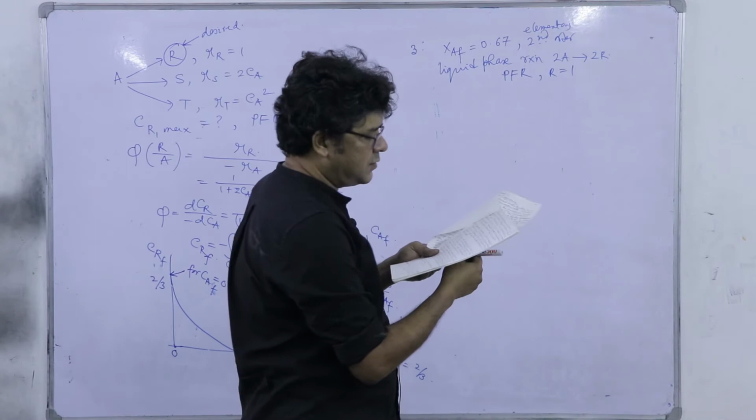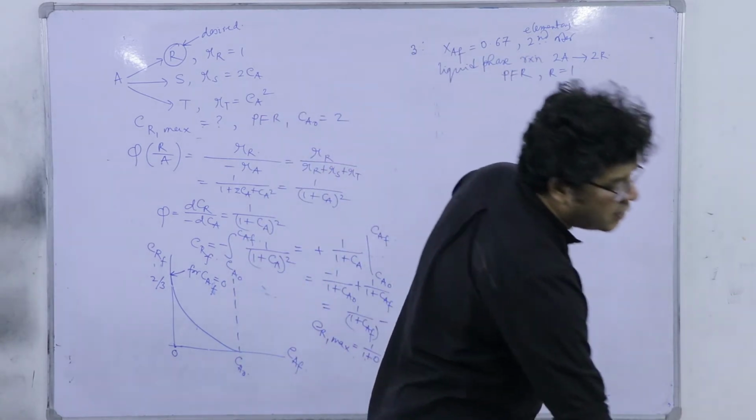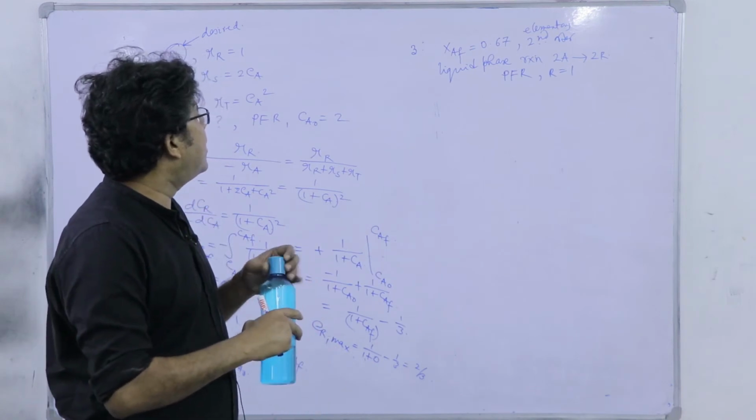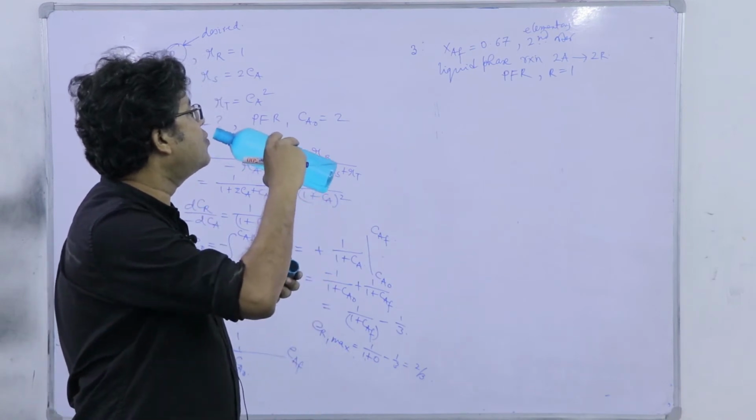What will be the conversion if the recycle stream is shut off? So, here we have a recycle ratio equal to 1, and my reaction is 2A giving 2R.